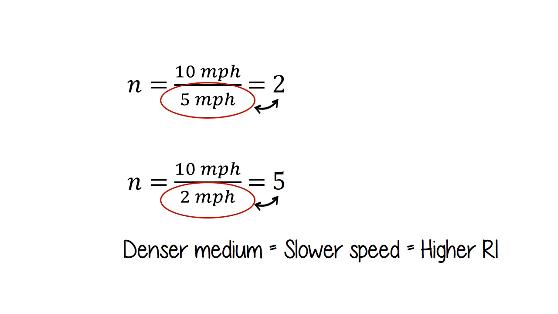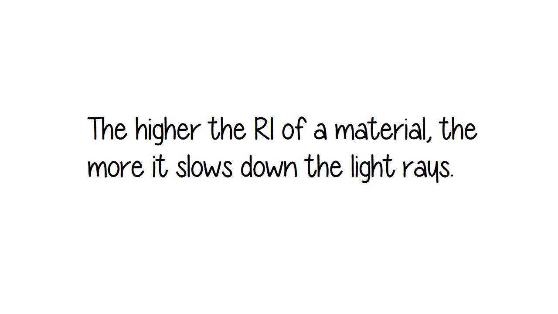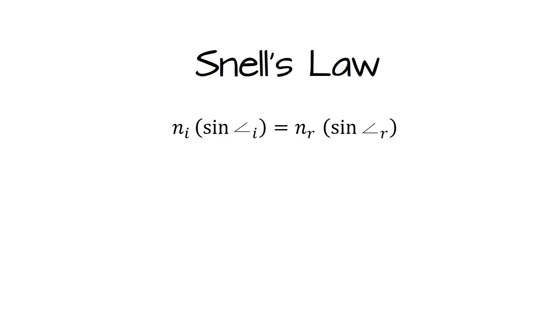But if you were to walk through water, it's denser, there's a lot more to slow you down, so you have to walk slower even though you're putting forth the same effort. Now, if that pool you're walking through is all of a sudden jello, that's going to slow you down even more because it's even denser. So slower speed, denser material, higher index of refraction. That's kind of a relationship you might want to memorize.